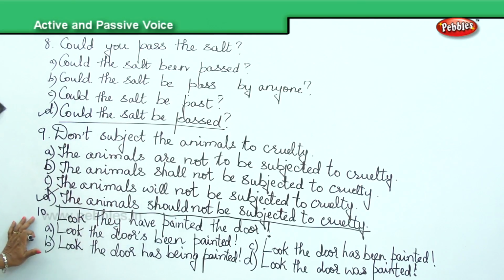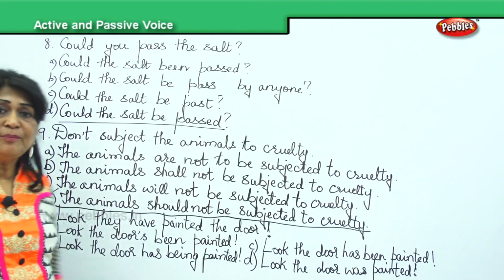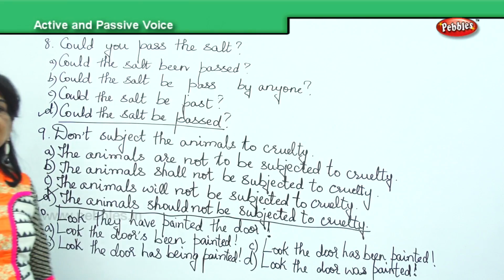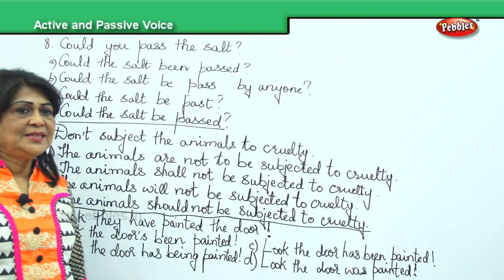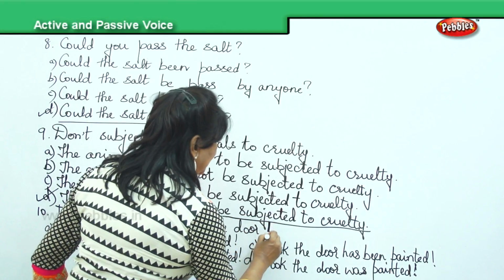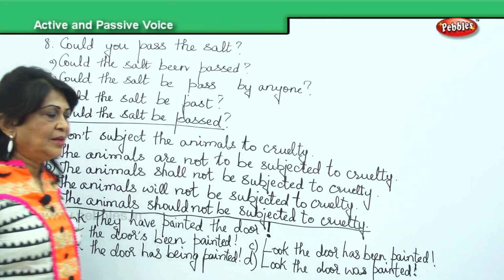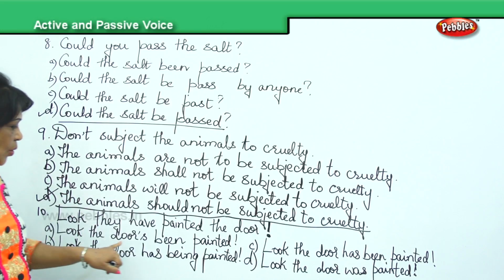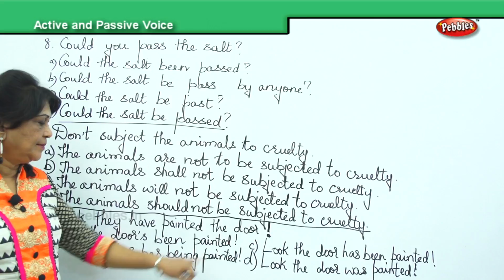Let's see. Look, they have painted the door. Now what kind of a sentence is this? This is an exclamatory sentence. A sentence that ends with an exclamatory mark. This is an exclamatory sentence. And we have the options here. A. Look, the door's been painted.